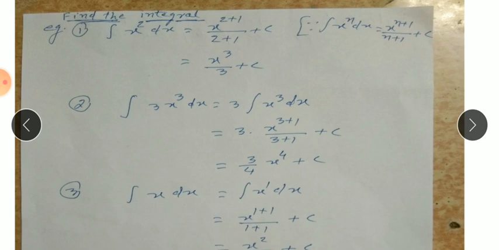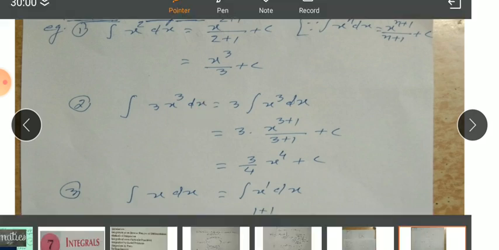Refer to the next example, integration 3x cube dx. It is simply read as integration of 3x cube, or we can say integrate 3x cube with respect to x.